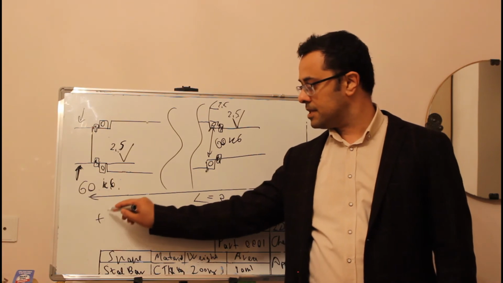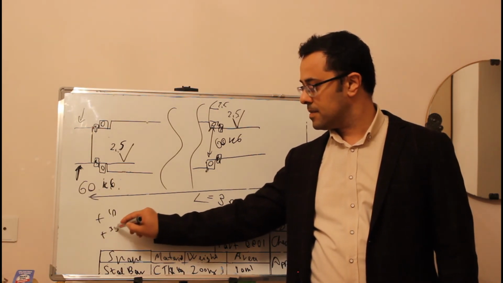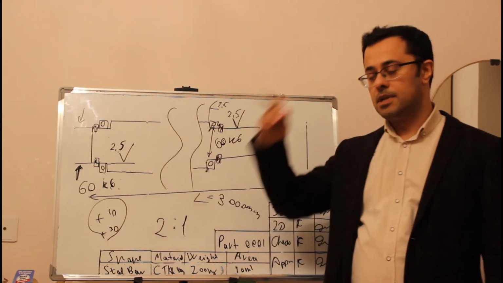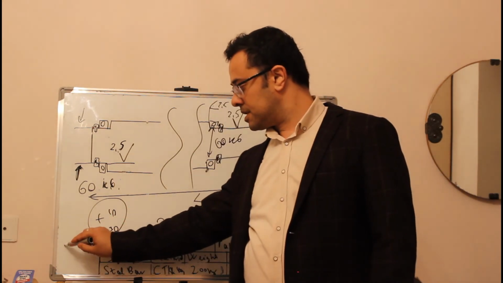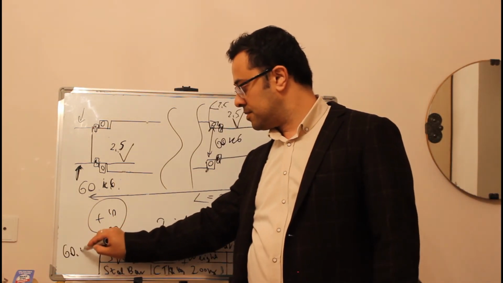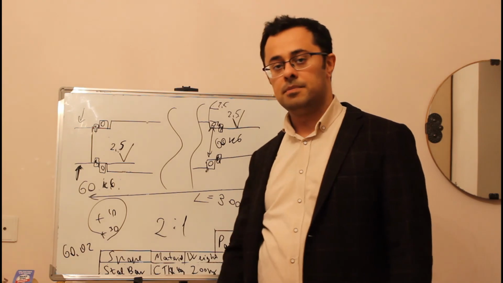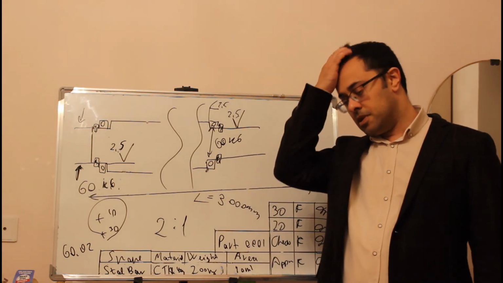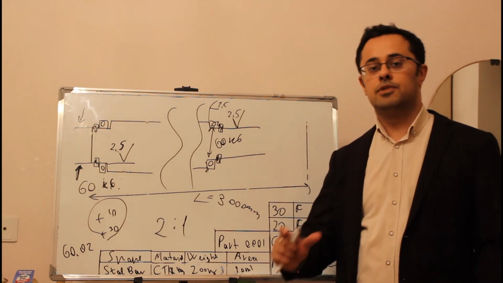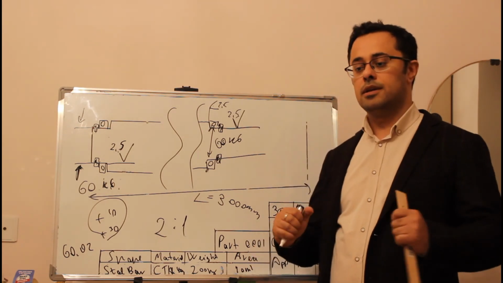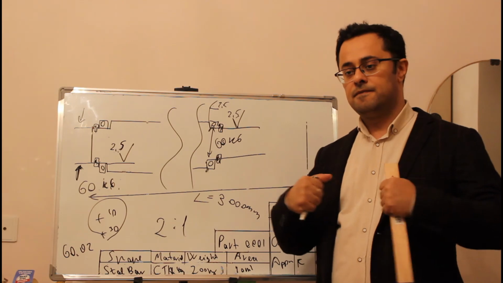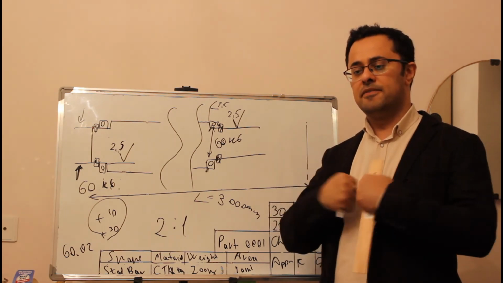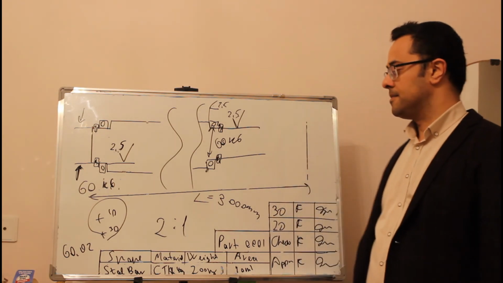K6 means it's plus 10 to plus 30. So if it's 60 millimeters, the machining guide will do it 60.02 millimeter. It will be bigger, and it will hold the inner cylinder of the bearing very tightly. It's interference. It's perfect fit for the bearing. Yeah, perfect fit.